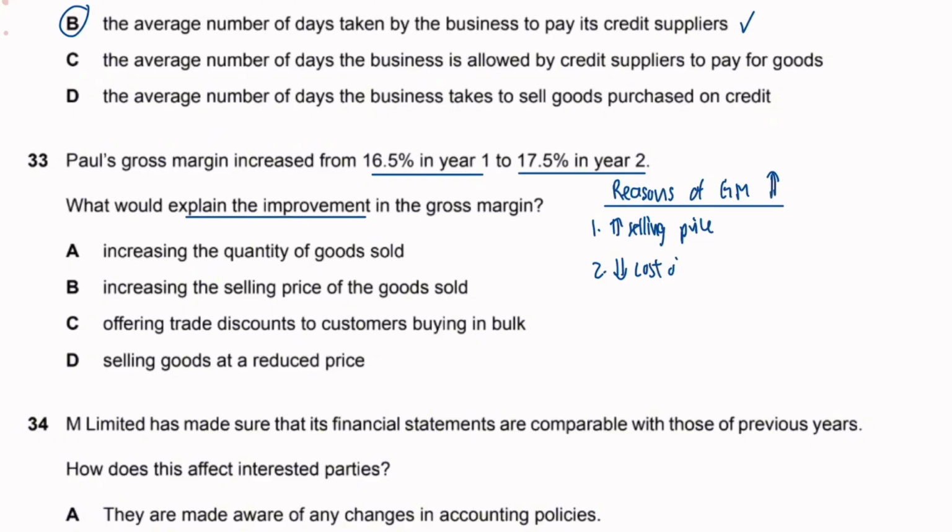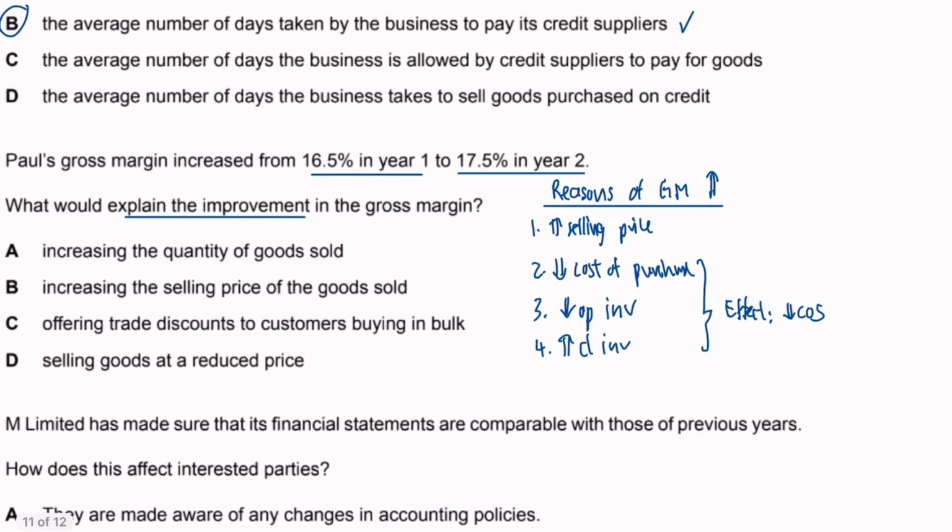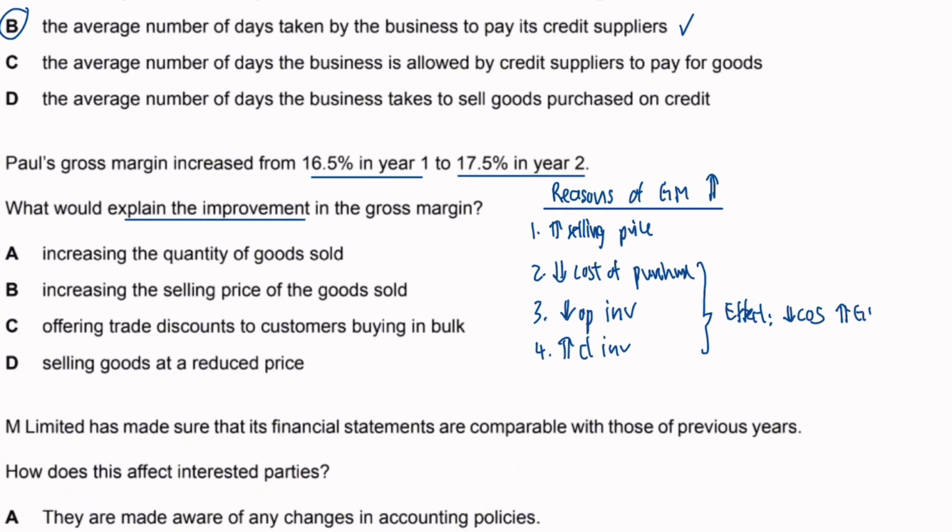For example, you buy in bulk and then you get a trade discount from your supplier, so you reduce your cost of purchase. Third one can be a reduction in opening inventory. Fourth can be an increase in closing inventory. The effect of the second, third and fourth is that your cost of sales reduces and your gross profit increases. This is why your gross margin increases.